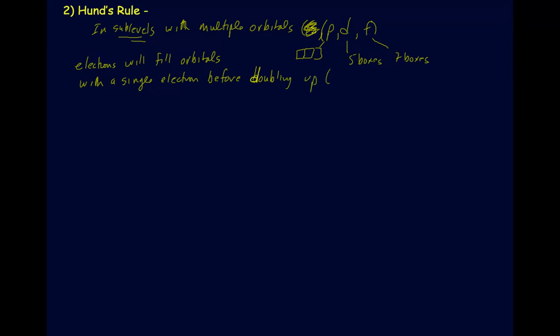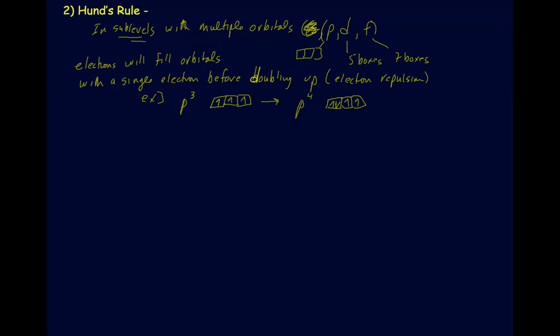This is because of electron repulsion. A good example of that is P3. Anytime you have a P3, we're going to have three boxes in P. We're going to fill one box with each electron first, and then P4 would be a box, a box, and a box, and then you'd have 1, 2, 3, and 4. So we're always going to follow that rule when we do this.